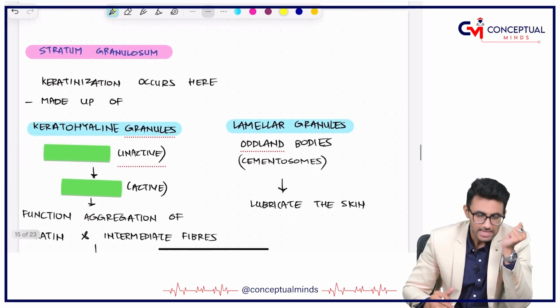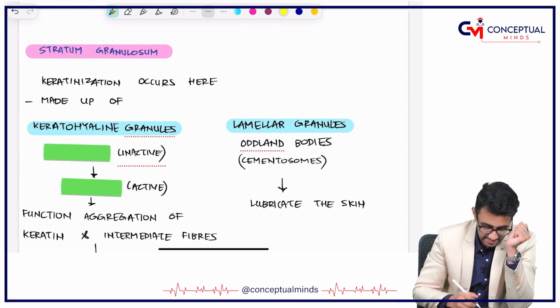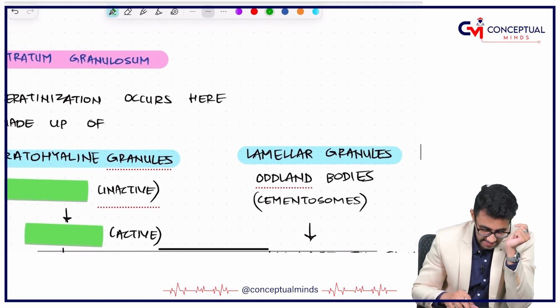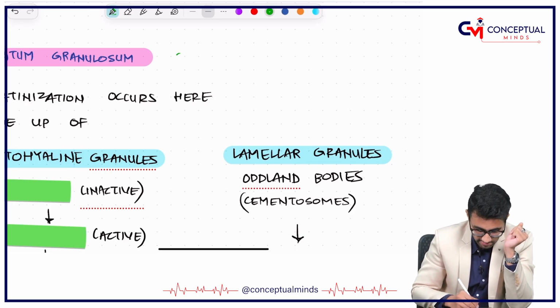Okay, the next layer, guys, is the stratum granulosum, and I'll write the other name as well, that is germinativum. This is the one we mentioned in our mnemonic at the top.